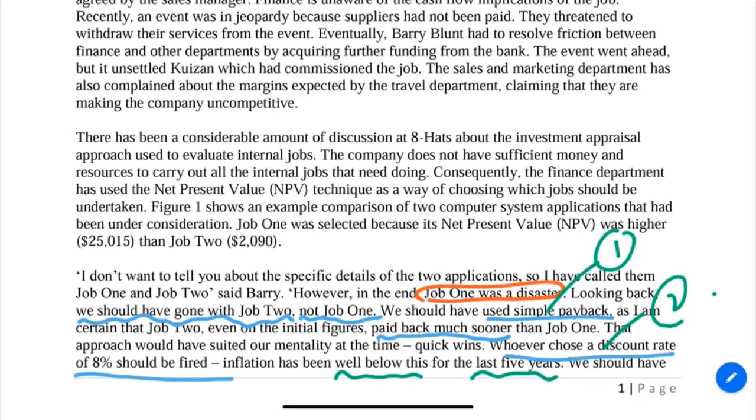So if your NPV looks even better, I'm sure that you will still choose job 1. So it won't affect your decision making here. So why at the end of the day is job 1 a disaster? I think it must be because of other reasons, not because of the discount rate here. So this is something you need to highlight to Barry's later.